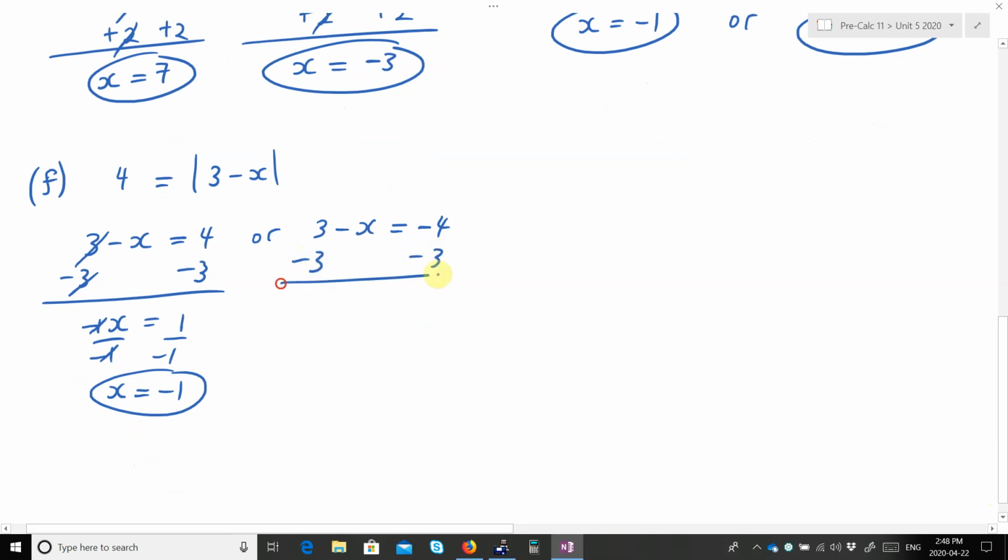The other equation, we get negative x equals negative 7. Divide both sides by negative 1, and we get x equals 7. Do both of these work? 3 minus negative 1 is 4. The absolute value of 4 is 4. Put 7 in for x. 3 minus 7 is negative 4, but absolute value would make it positive 4, so both of those work. Okay, so that's how you do number 3.